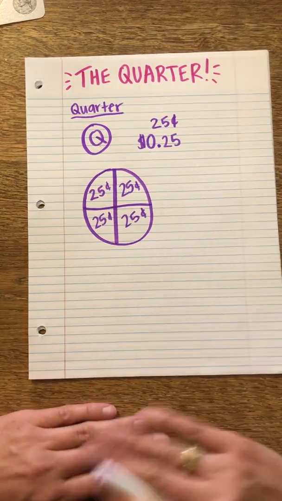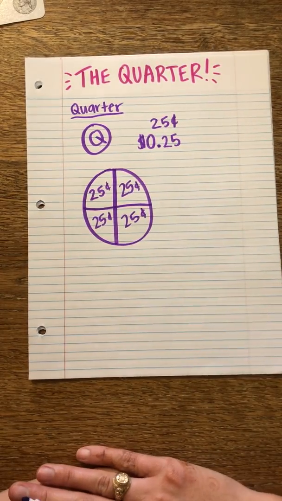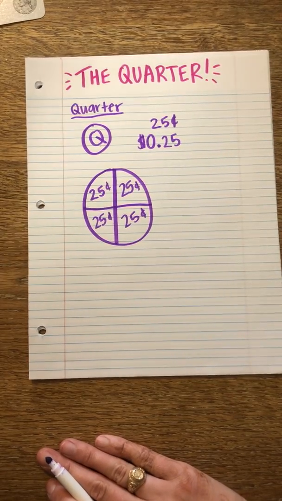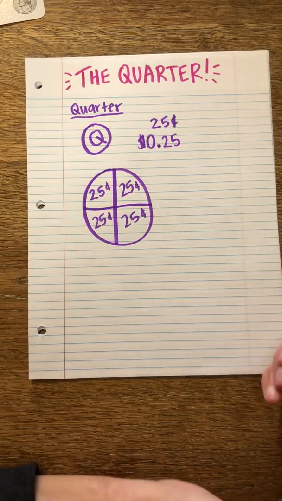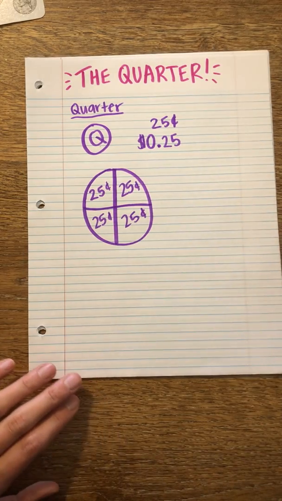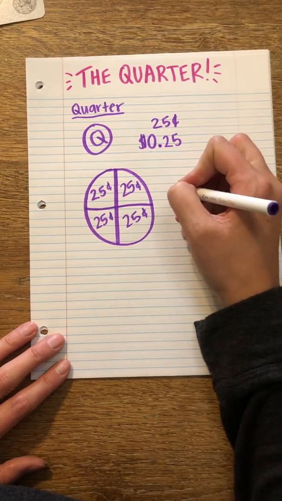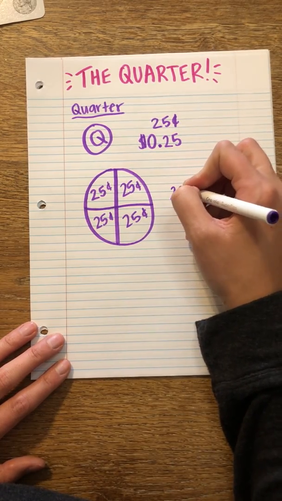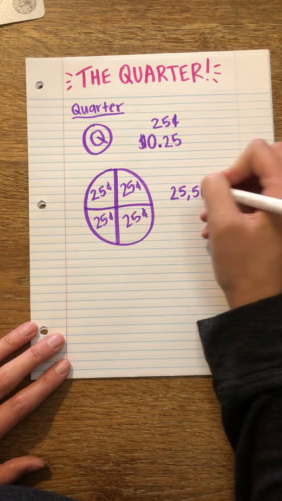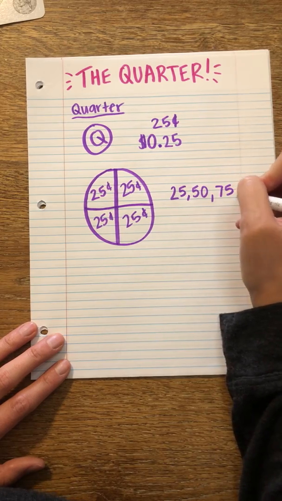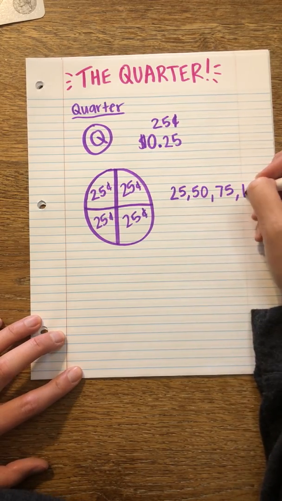And then I like to say it like this in my brain whenever I'm counting by quarters, because it's very helpful for remembering if I'm counting by 25. So I'm going to write it right here. 25, 50, 75, $1, which would be 100.